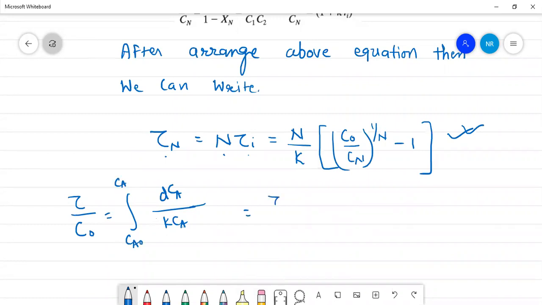So if I do tau divided by C0, it is equal to 1 divided by k, the integration of dCA divided by CA, from CA0 to CA.